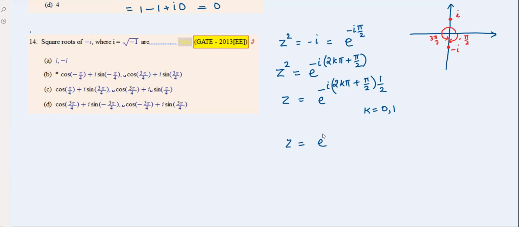When you take 0, e power minus I pi by 4. And when you take 1, it is 2 pi plus pi by 2, which is 5 pi by 2 times 1 by 2, that is 5 pi by 4. E power minus I 5 pi by 4.